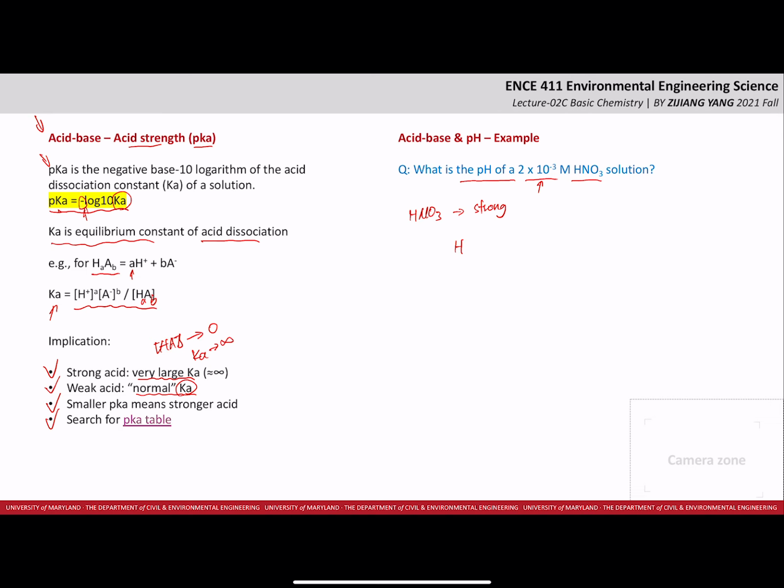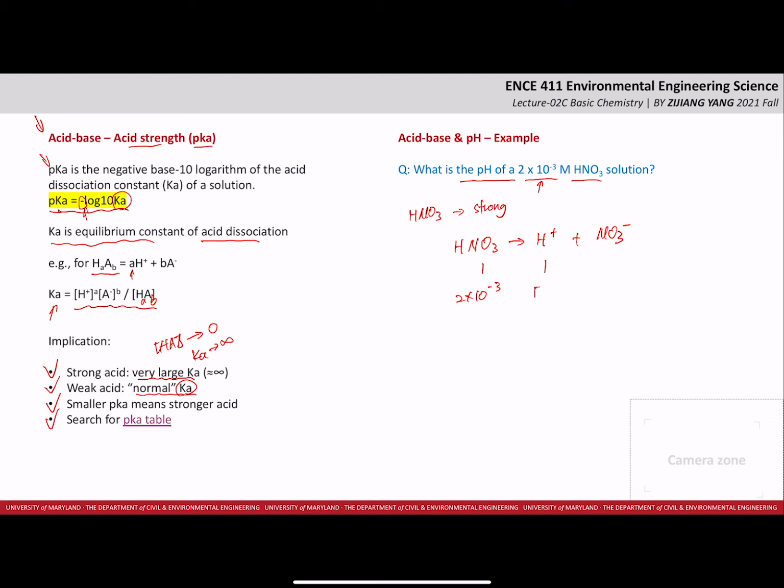So we can write the dissociation reaction of nitric acid. And we know that this is 1. This is also 1, because we are interested in the concentration of H+. And we know that the concentration of nitric acid is this value.